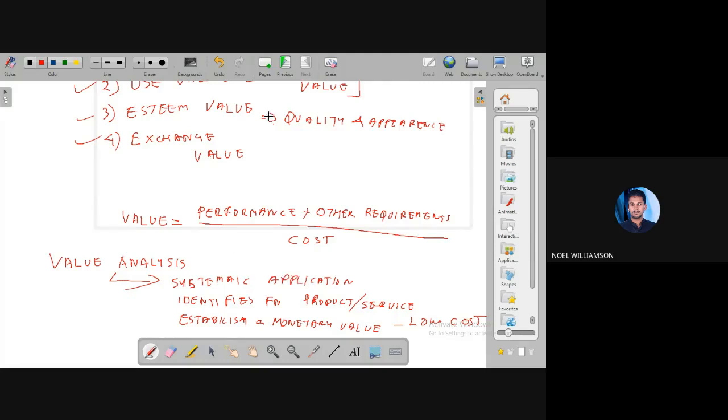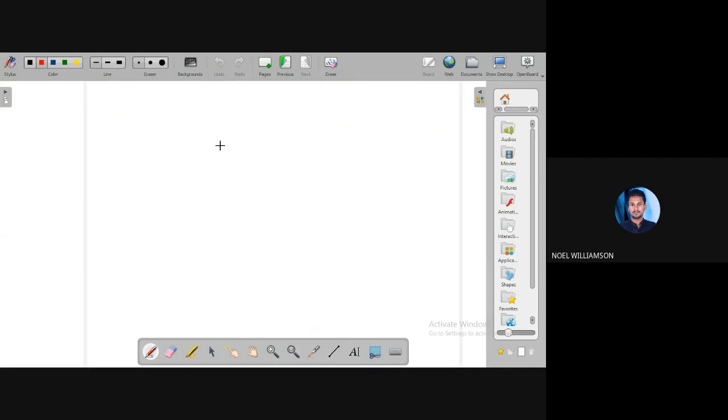Now we will see the objectives. So we will see the main objectives. Objectives of value engineering. So first one, the main objective is not just reducing the cost, but by increasing the value.